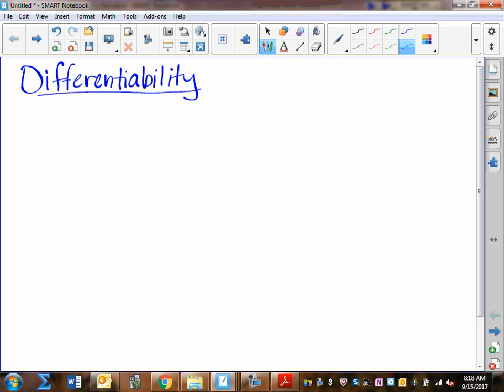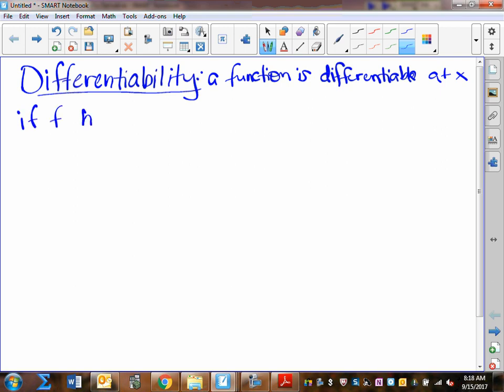So a function is differentiable at x if f has a derivative at x.